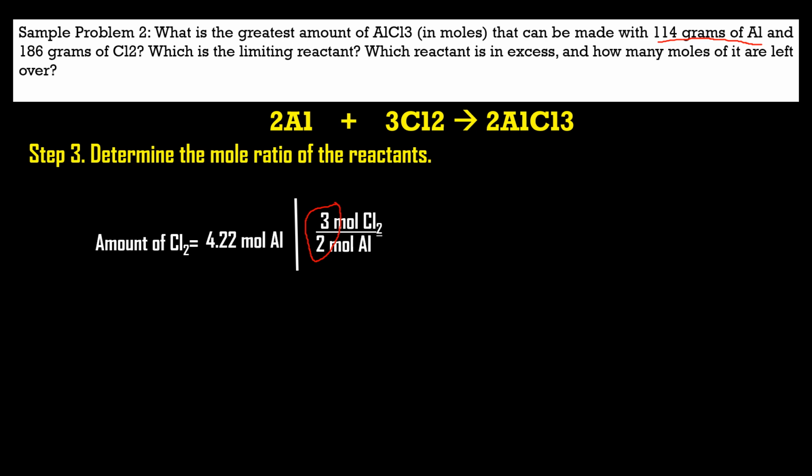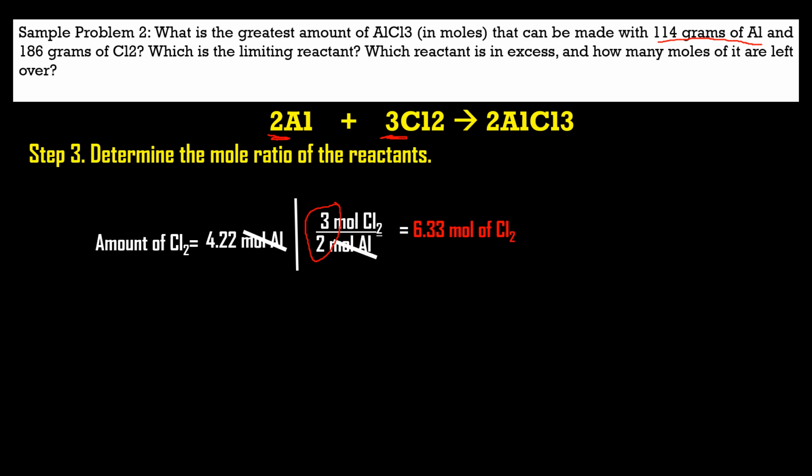We will now be using the given balanced chemical equation that for every 3 moles of Cl2 we have 2 moles of aluminum. Then, we will cancel out the same unit for us to bring out mole of Cl2 as our unit. 4.22 multiply it by 3 moles of Cl2 divide it by 2. The amount of Cl2 needed in this reaction is 6.33 moles.